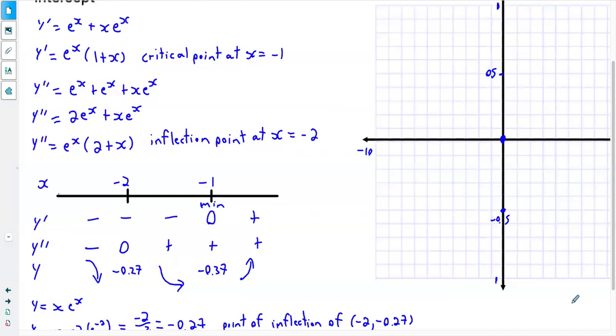So we'll plot these points. We already have our y-intercept plotted. And then at -2, we are at negative 0.27. At -1, we're at negative 0.37.